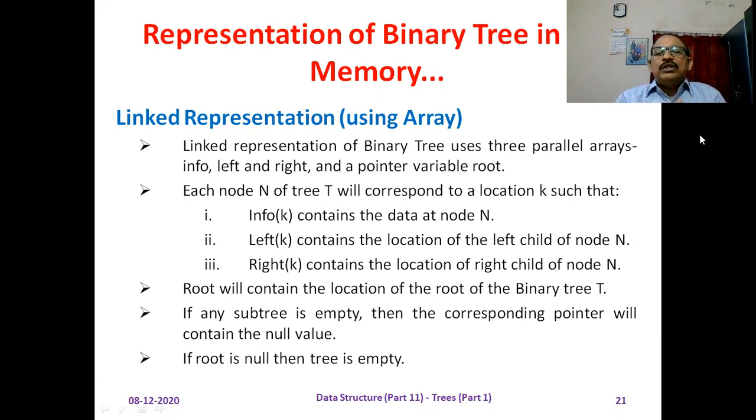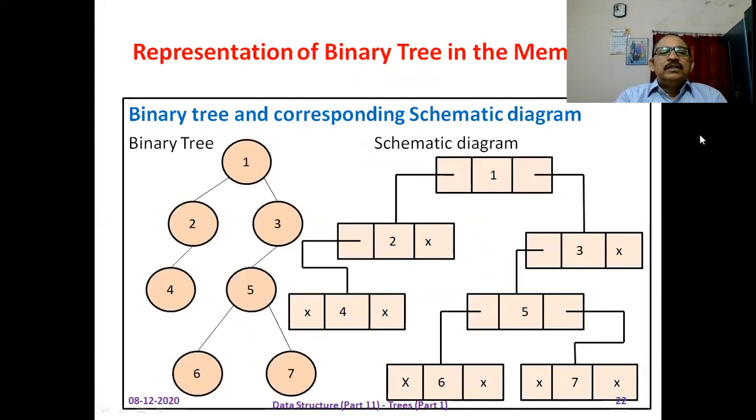Root will contain the location of the root of the binary tree T. If any subtree is empty, then the corresponding pointer will contain the null value. If root is null, then the tree is empty. Is it clear?